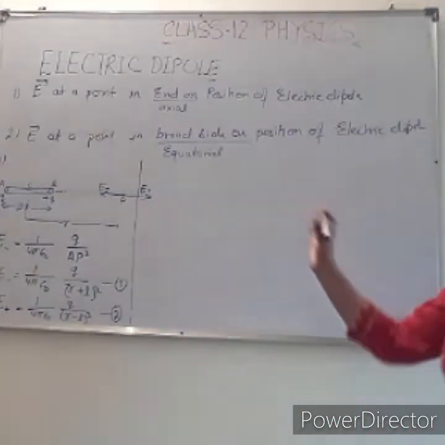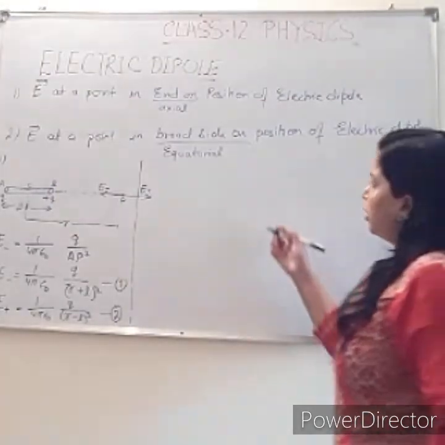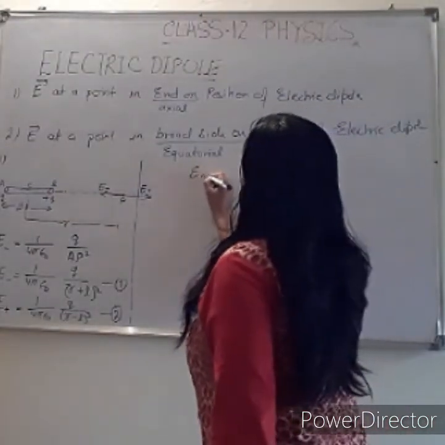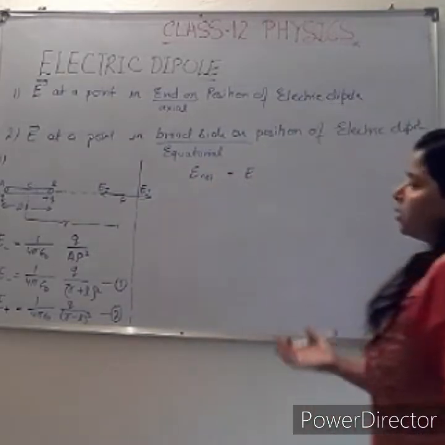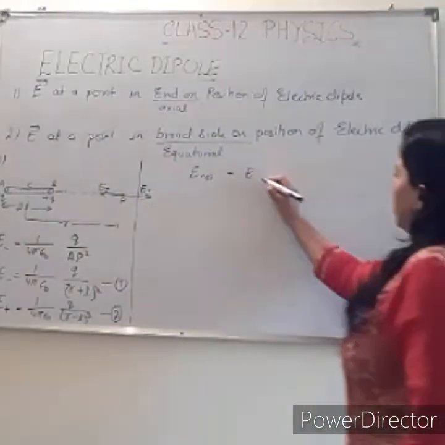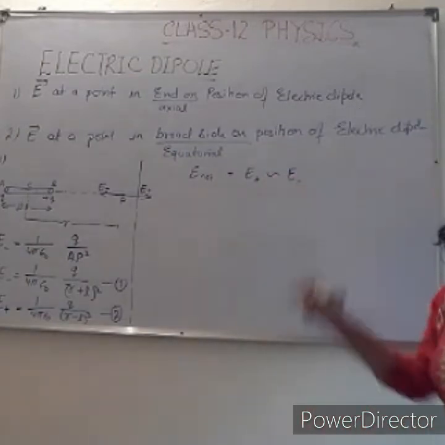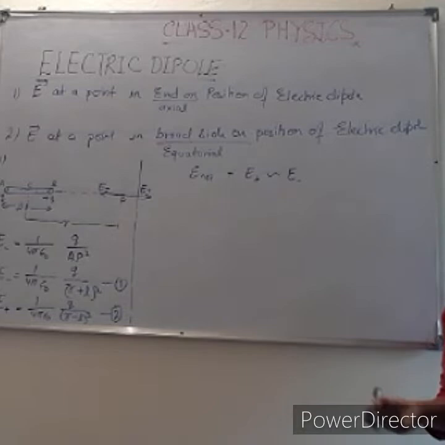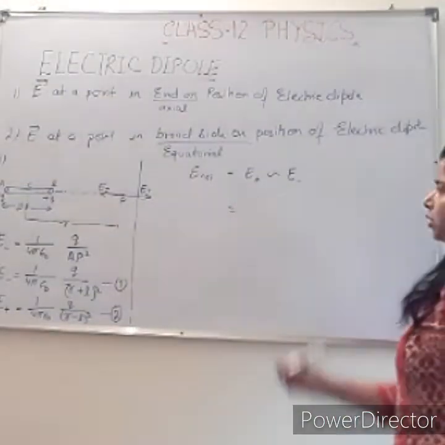Because the direction of electric field E plus and E minus are opposite to each other, so the net electric field at point P is equal to whatever be the greater term, you will minus it. So E plus difference E minus. I have written in this form. Difference means what? Greater minus smaller. So we will take the term from equation 1 and equation 2.